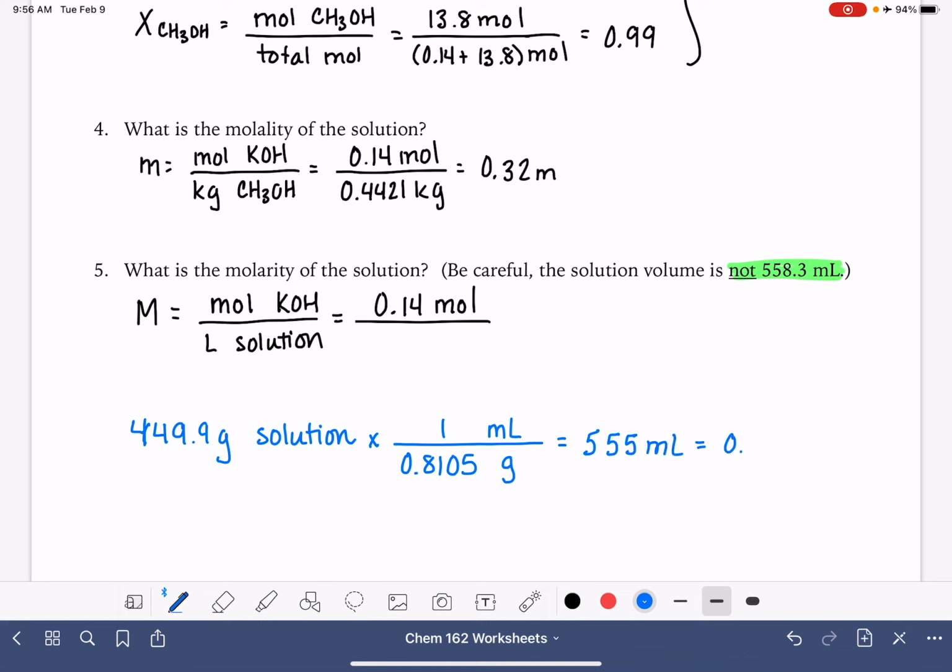In units of liters, 0.555 liters. This molarity is 0.25.